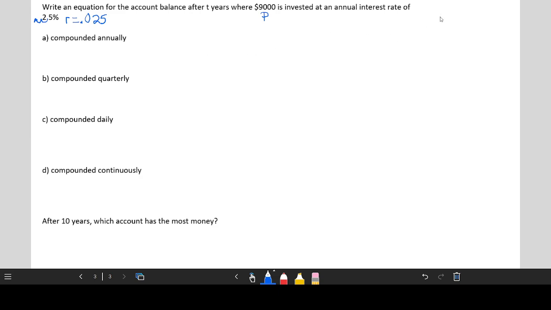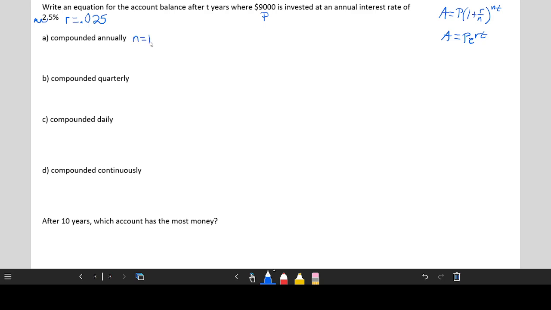And so then using that first formula, I'm just going to copy them here so that we have them to reference. We're going to do this for different types of compounding. So the first one is annually. So remember in that first formula, n is how many times per year it's compounded. So if it's compounded annually, that's once per year.